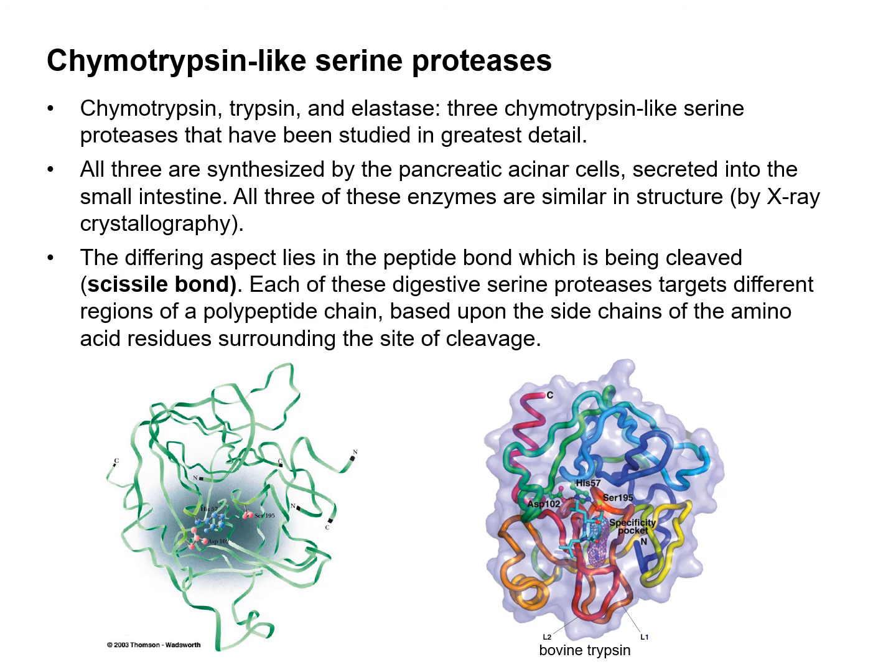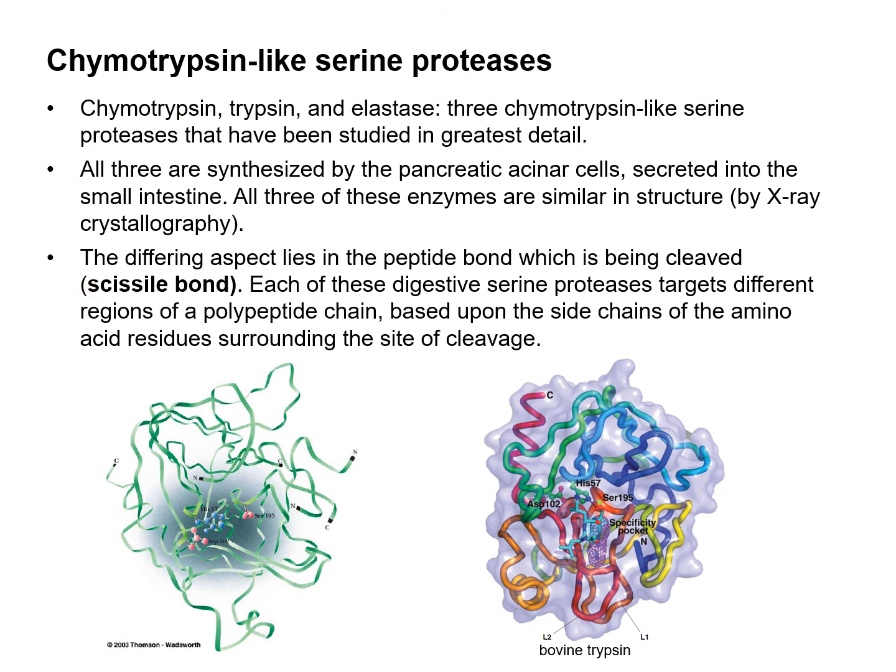All three are synthesized by the pancreatic acinar cells and secreted in the small intestine for the digestive process. All three of these enzymes are similar in structure, which was shown by X-ray crystallography. The differing aspect between these enzymes lies in the peptide bond which is being cleaved, which is called the scissile bond.